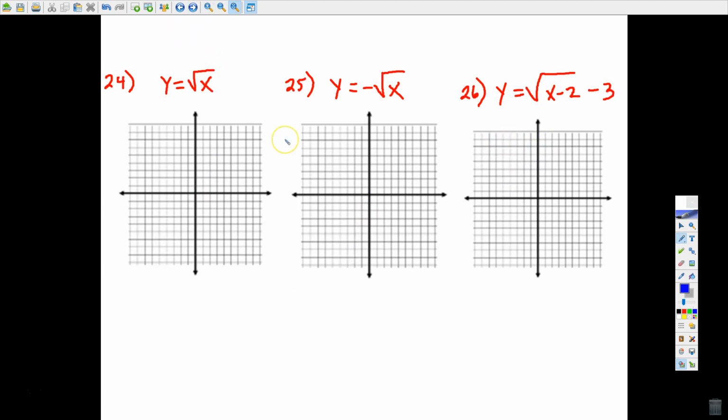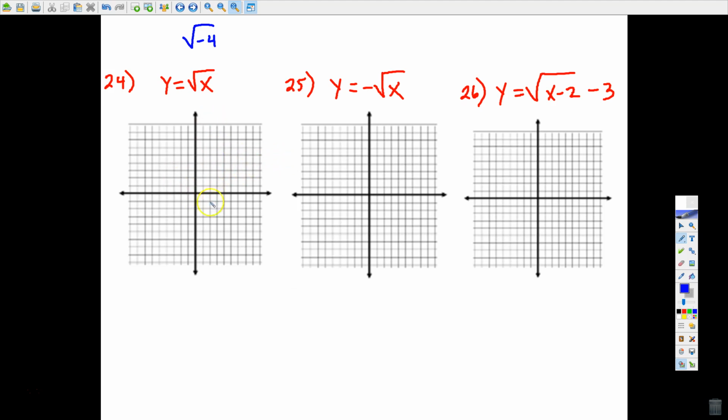Okay. Square root of x. Remember, the domain for this is all of the numbers that are greater than or equal to 0. It would not be allowable to input something like -4 because that's not real. So therefore, the square root function, the square root parent, starts at the origin where x is 0, and then it goes to the right.